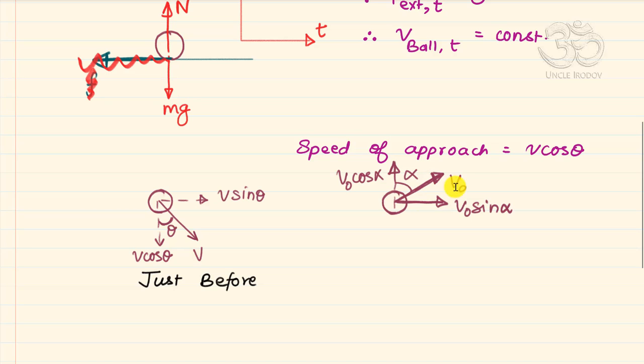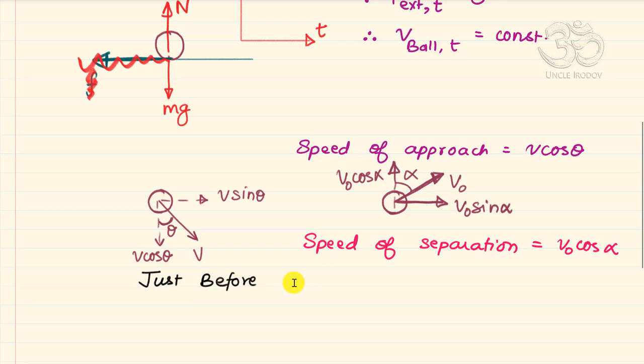And then you know that the ball is going to go away from the floor because of V0 cos alpha. So I can say that the speed of separation is going to be V0 cos alpha. And here we can make a mention of that. Speed of separation will be V0 cos alpha.